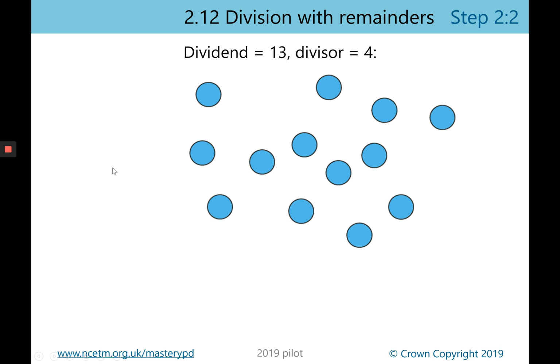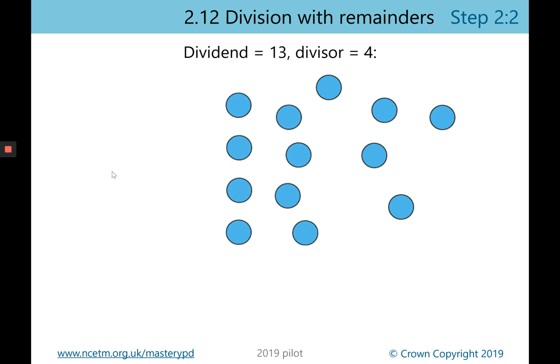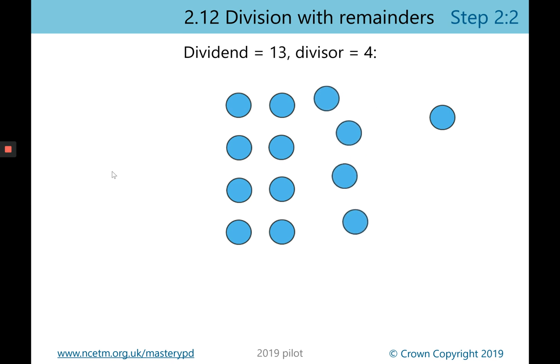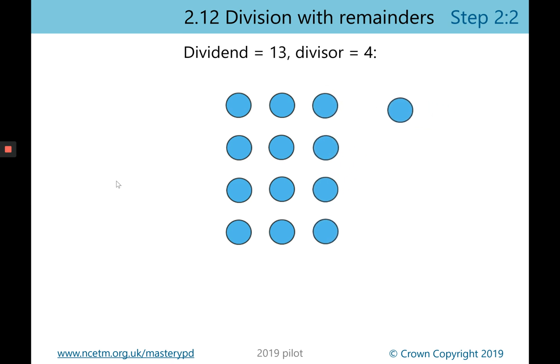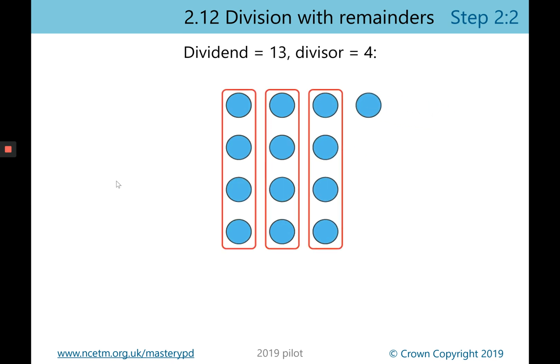So I'm going to move my counters into groups of 4. There's one group of 4, another group of 4, another group of 4. But look what happens here. I have 3 equal groups of 4, but then I have a remainder of 1.